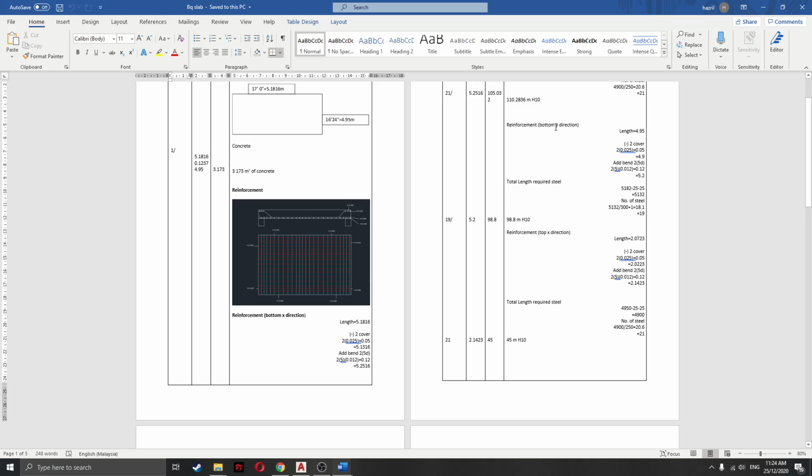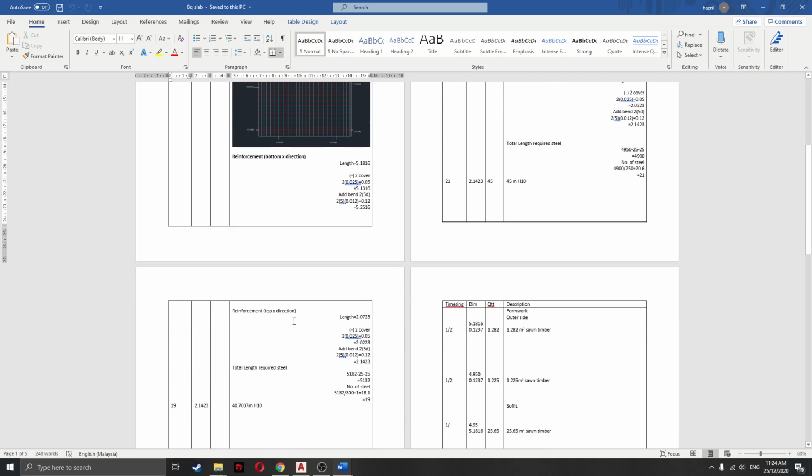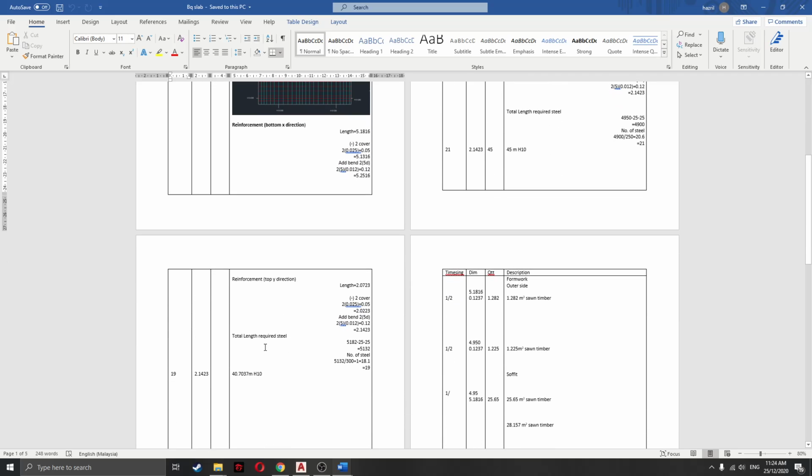Then reference bottom one direction, I get 8.8 meter H10. Top X direction 2.5 meter H10. Top Y direction, I get 40.7037 H10.